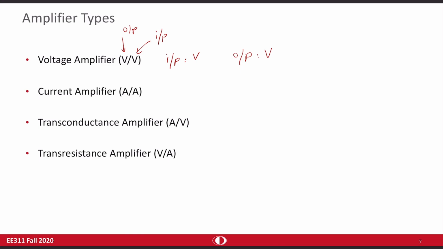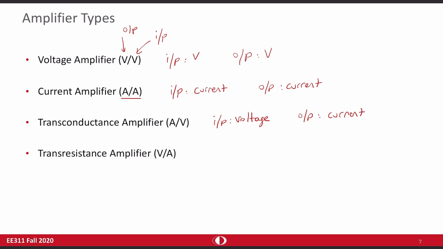For the current amplifier, input is current, of course, output is current. Again, the gain is amperes per amperes, and it's unitless. But in some applications, input can be voltage, and the output is current.